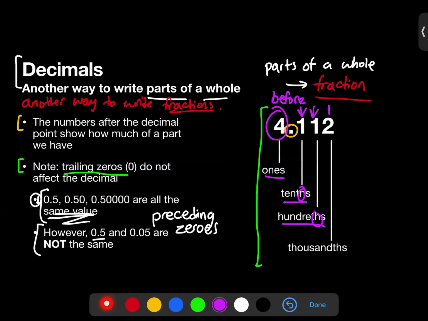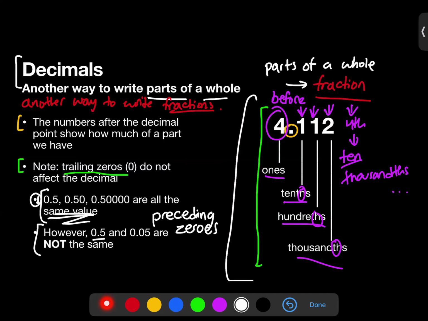And the third number is called the thousandths place. And then it goes on. The fourth number is called the 10,000ths, for example. So now does everyone understand how we describe decimals? Okay, good. So now we'll continue.